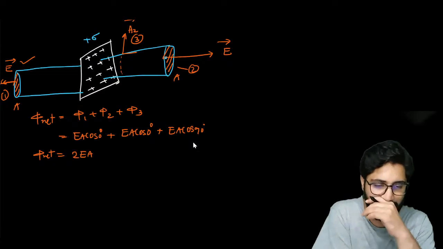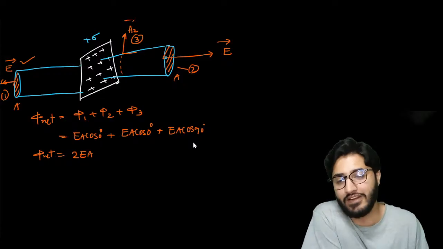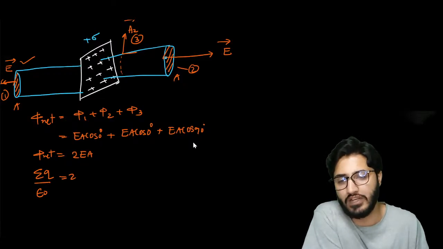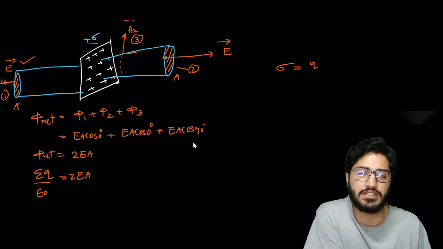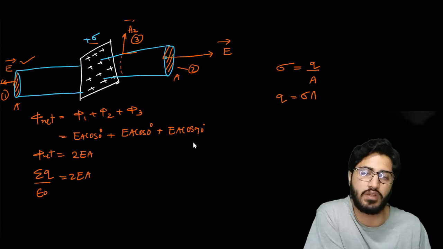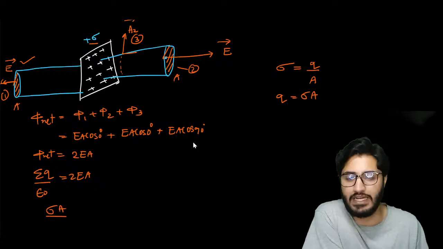Easy? Okay. And we know that phi is equal to summation of charge divided by epsilon naught, equal to 2 times E times A. What is sigma? Sigma is equal to charge divided by area, so Q equals sigma into A. So sigma into A divided by epsilon naught equals 2 times EA. A and A cancel out.